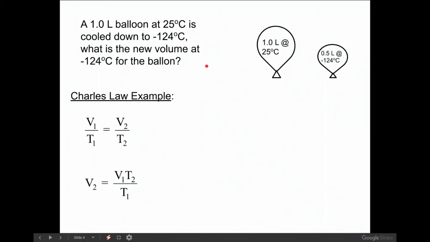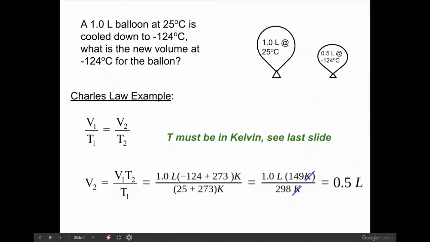You could always list these, or you can label them right in the question: V1, T1, T2, so as not to get confused. Always write the equation the way you know it, then rearrange the algebra. Always practice good algebra skills. Then, don't forget to convert to Kelvin, and then put your numbers in. Rearrange the variables first, then place your values.